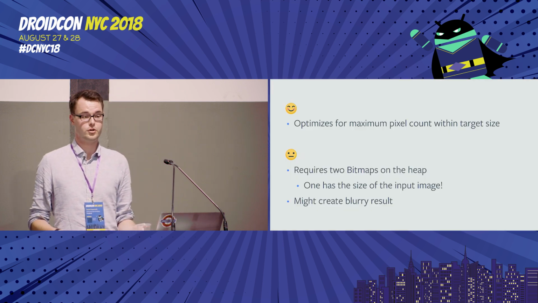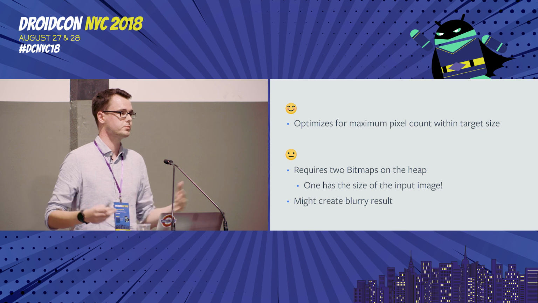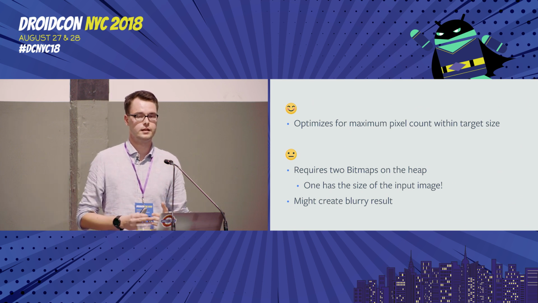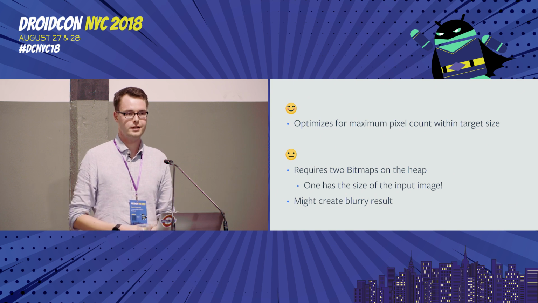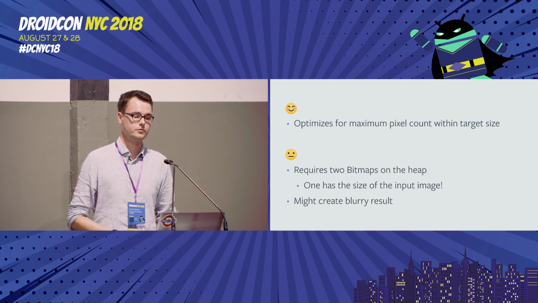The good thing about this approach is that it optimizes for the maximum number of pixels within our target size, which is nice because then we get quite a high resolution, but just within our target frame.